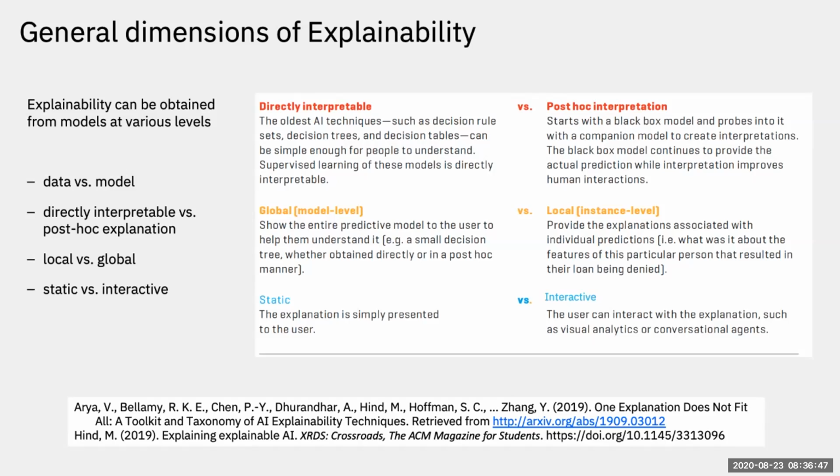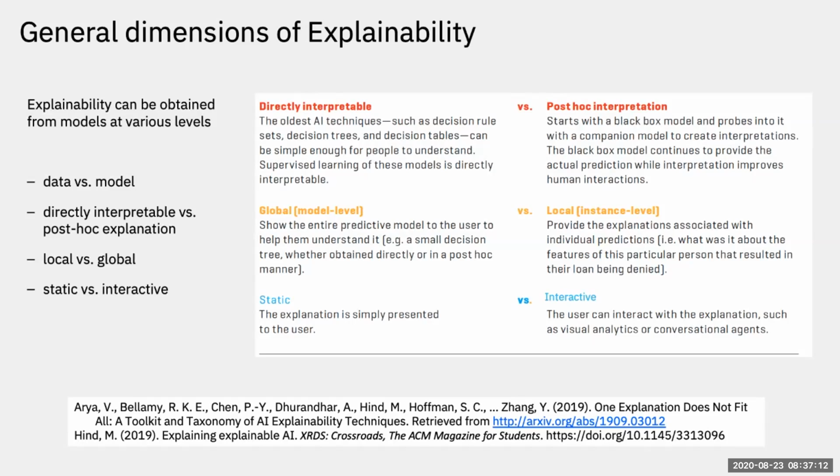The first is, are we trying to explain data or are we trying to explain the model? The second is, are we aiming for a directly interpretable model, something that's simple and easy to understand by itself, like a decision tree or a Boolean rule set, or are we going for a post hoc explanation, which is built on top of a black box model, which is difficult to explain?